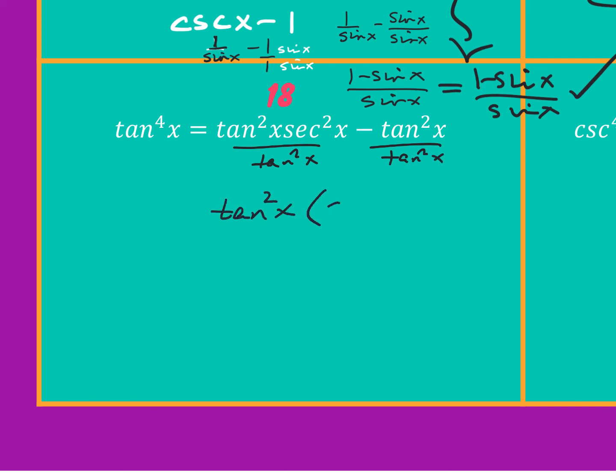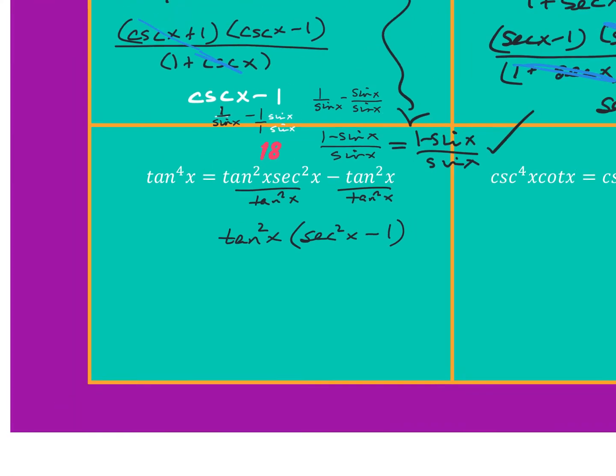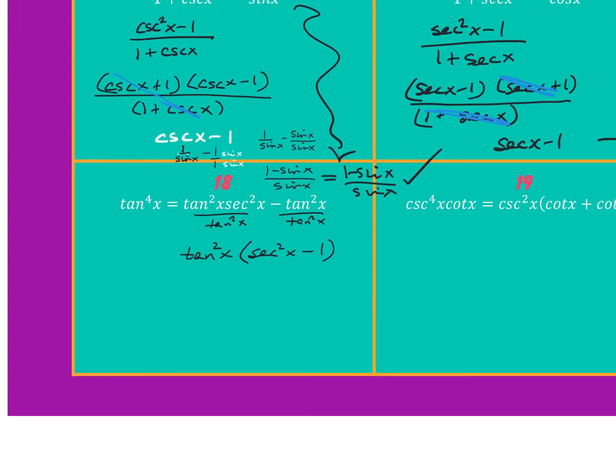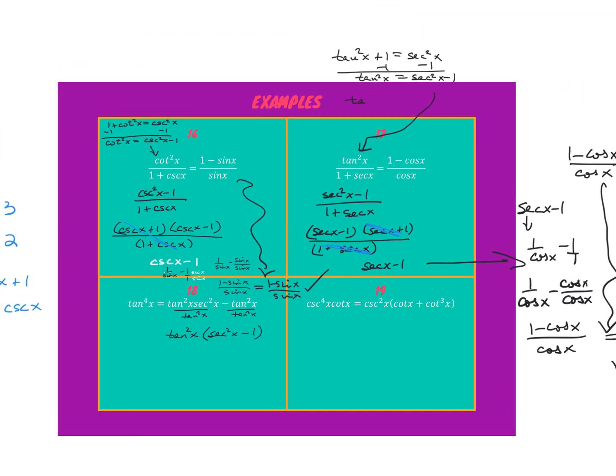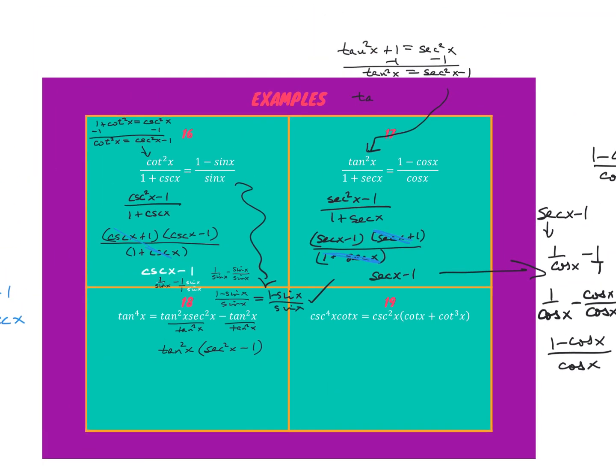What remains here is secant squared x minus 1. This is a Pythagorean identity, what's in the parentheses. Let me see if I can find where I just simplified that. So right up here is where I simplified it.